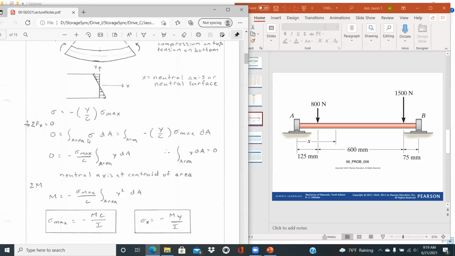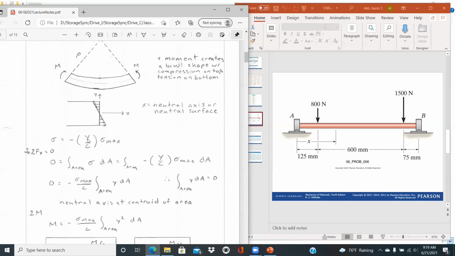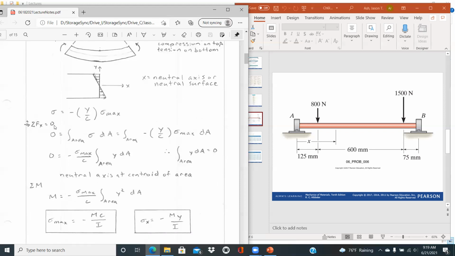And so that's what we're doing here over the next few areas, is we're just summing forces now in the x direction equal to 0 for equilibrium to be satisfied. And so it's just really an integral over the area of sigma times dA. And so we can substitute sigma in for this, minus y over c times sigma max, times the derivative with respect to the area.